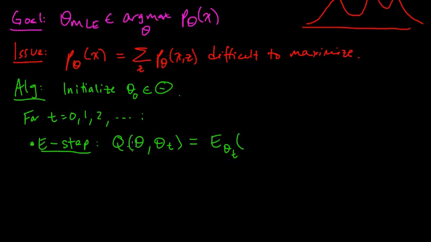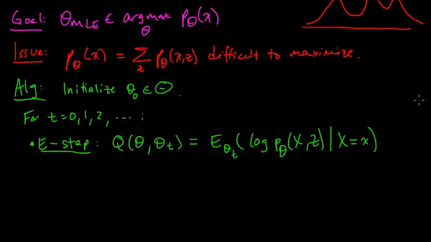So this function Q of theta and theta t is the expected value under the parameter theta t of the log of the probability under the parameter theta of the joint distribution of x and z, given that x equals the observed value little x.